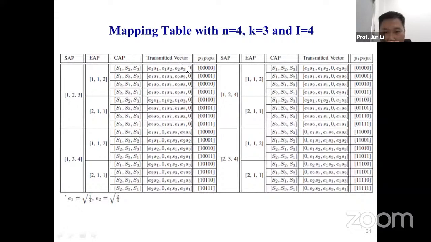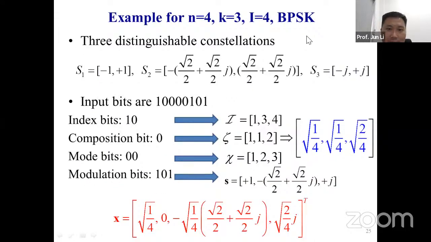This is the mapping table for N equals 4 subcarriers, 3 active subcarriers and total energy 4. So let's see one specific example.